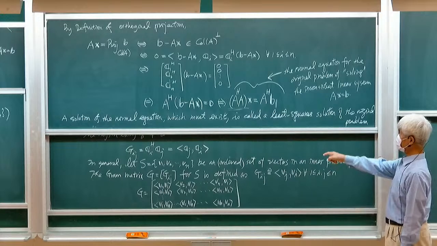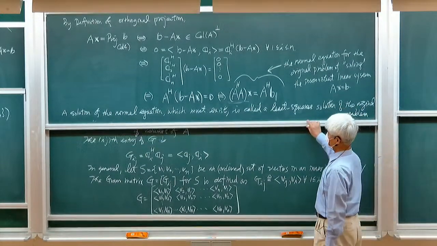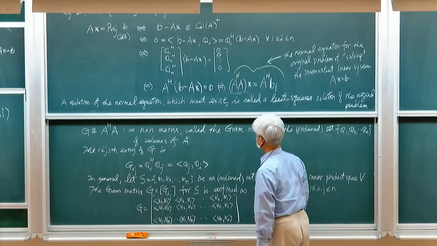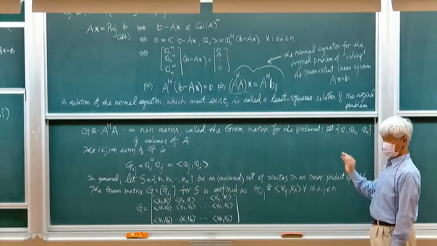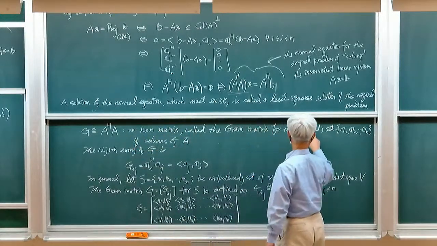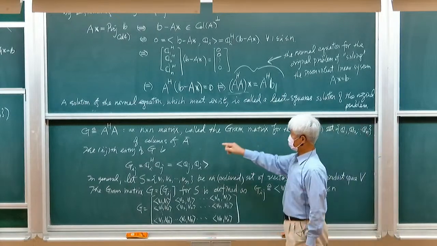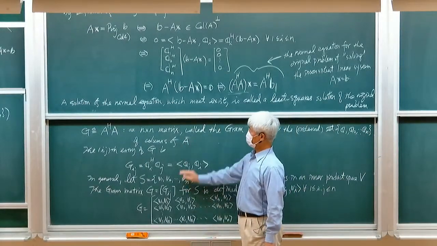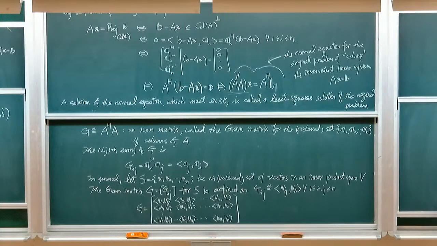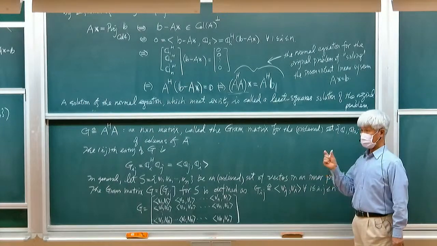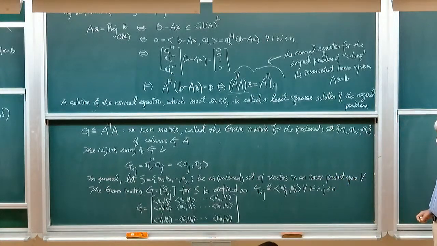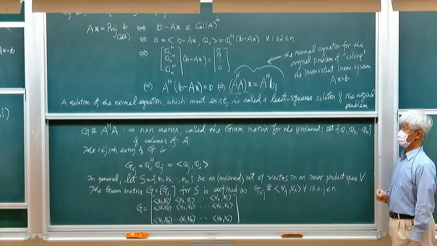So this is quite general. And the Gram matrix for the normal equation is just a special case: it is the Gram matrix for the ordered set of columns of matrix A. Sometimes you deal with C[a,b], the inner product space of all continuous functions defined on a finite interval from a to b.